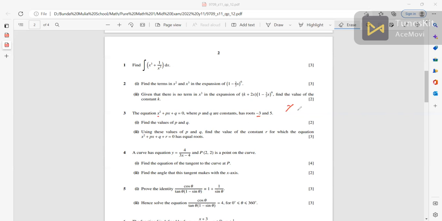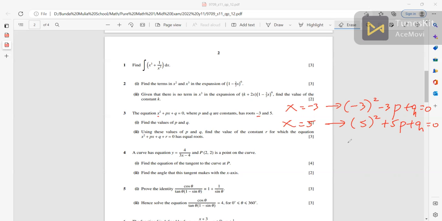When x equals minus 3, it becomes minus 3 squared minus 3p plus q equals 0. And x equals 5 becomes 5 squared plus 5p plus q equals 0.